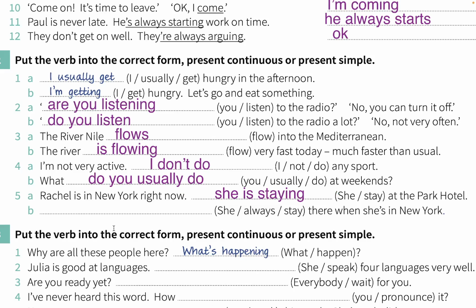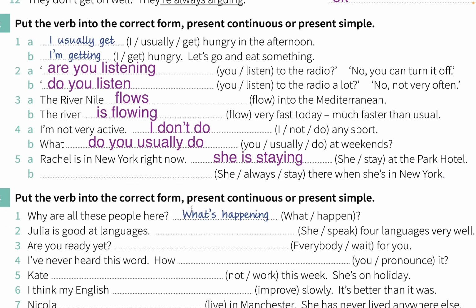Because here we can see that Rachel is in New York right now. So we can see from here, it's right now, it's happening at the time of speaking, and it is temporary. Right, 5B.